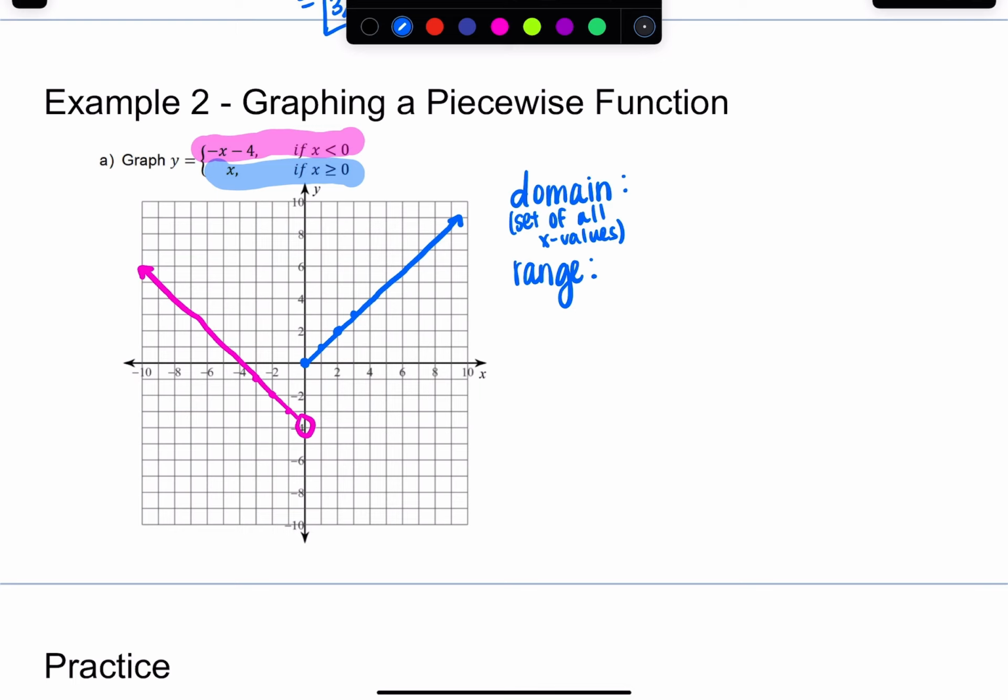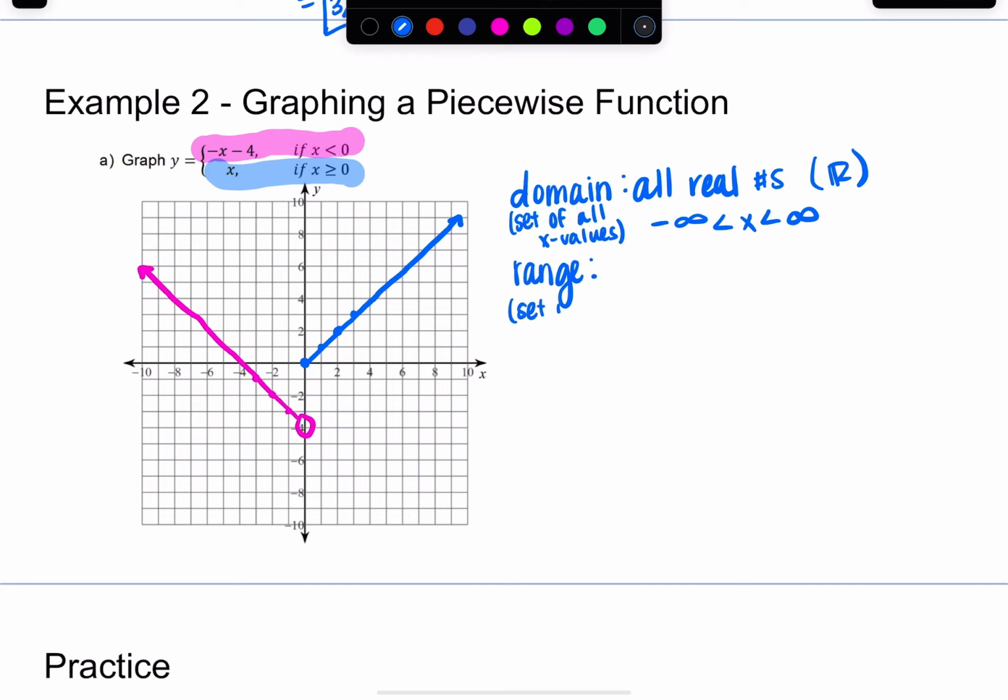So because I have a point at every x value, the way I'm going to word domain is all real numbers, and I still can use my symbol. You may also see it written as negative infinity is less than x is less than positive infinity. They both mean the same thing. It just means that you're hitting every x value.